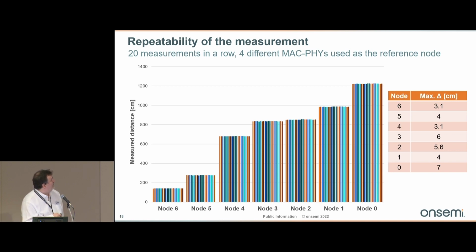So you see that on a full 14-meter link, you have enough sensitivity to check where the nodes are located. And this error that you see in this table is the maximum deviation from the average value of each of these repeated measurements. So a value of 6 here really means that you have a plus or minus 3 centimeter error.